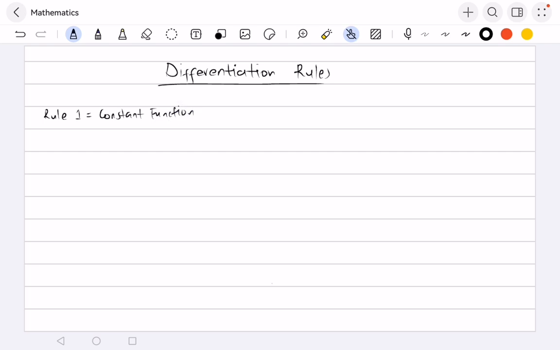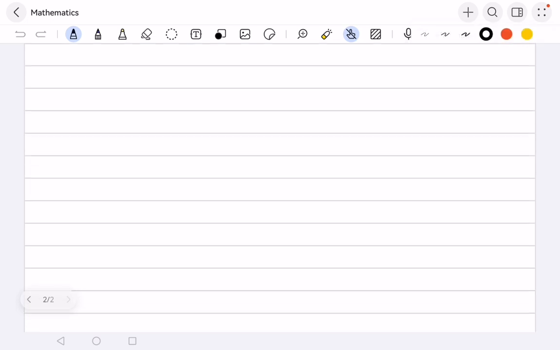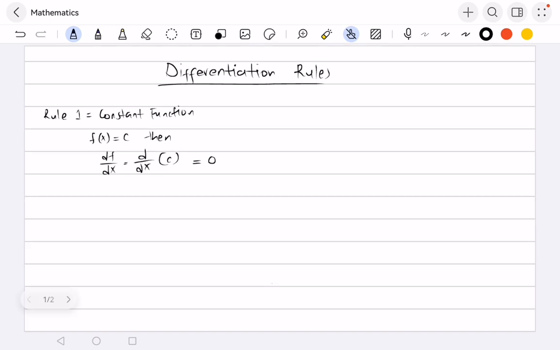This is where if f has a constant value, for example, if you have f of x equals c, then the derivative df over dx, which is d over dx of that constant, is going to give us 0. So the differentiation of any constant function is always 0. That is the basic rule of deriving constant functions.